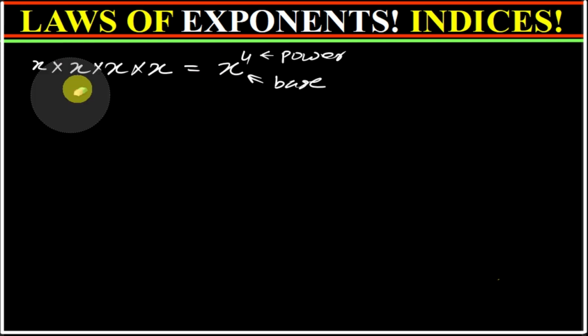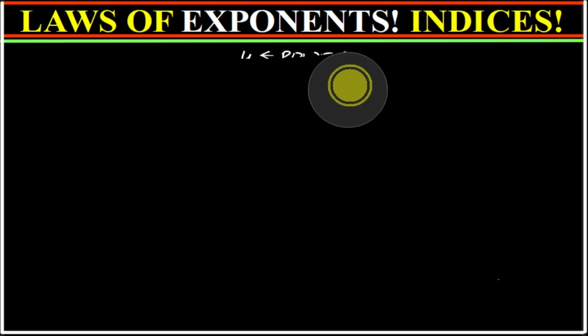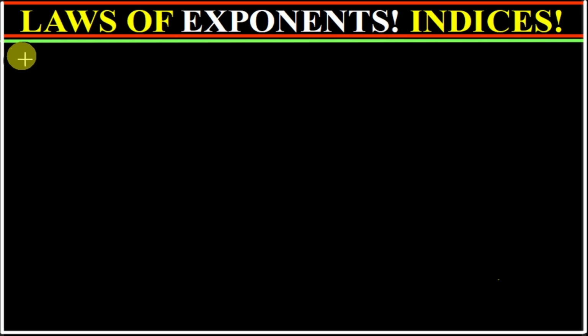Now let's see the different laws of exponents. Let's see the first law of exponents. Suppose we have two exponents in multiplication: the first one is 2 raised to the power 3, multiplied by 2 raised to the power 5.